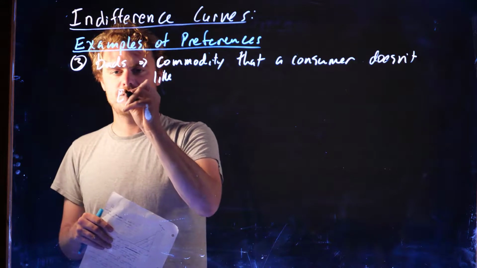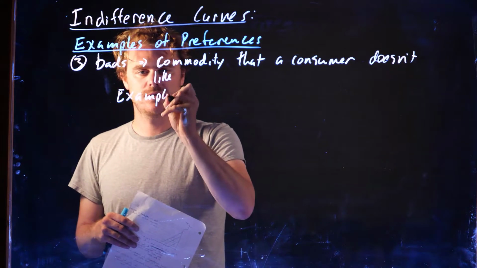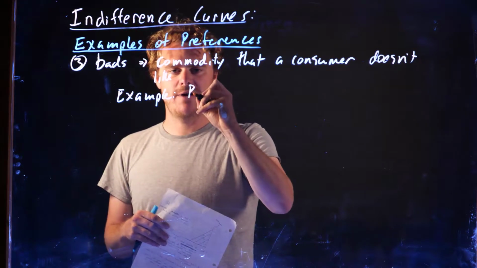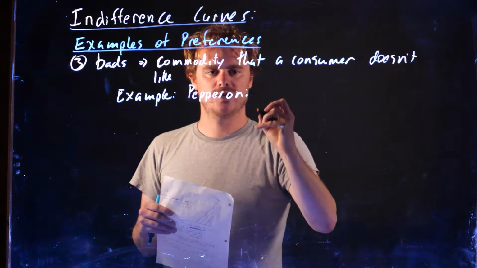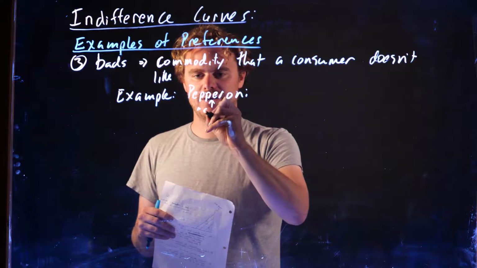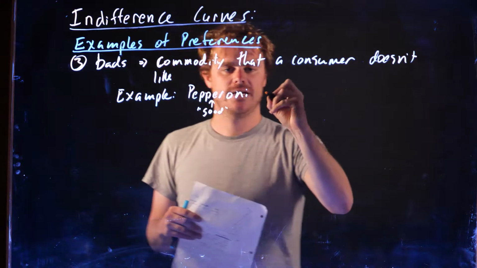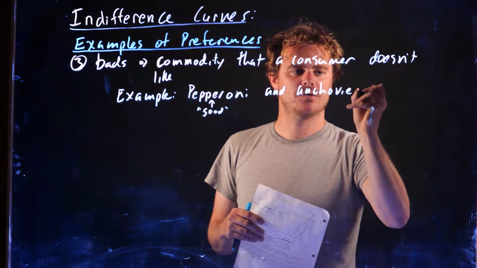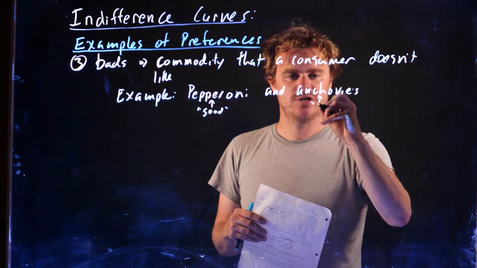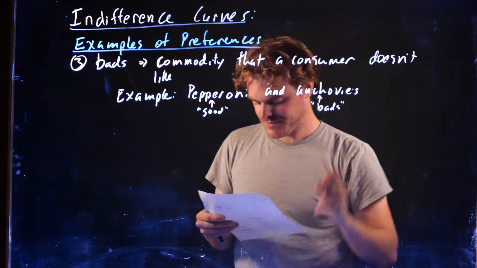For example, let's look at two goods, just like the text. We have pepperoni, which we're going to think of as a good, and anchovies, which are bads, let's say, for now. Apologies if you like anchovies.